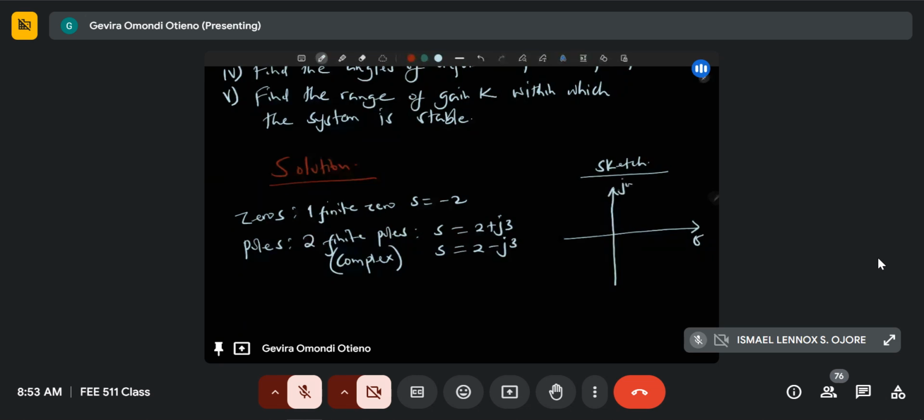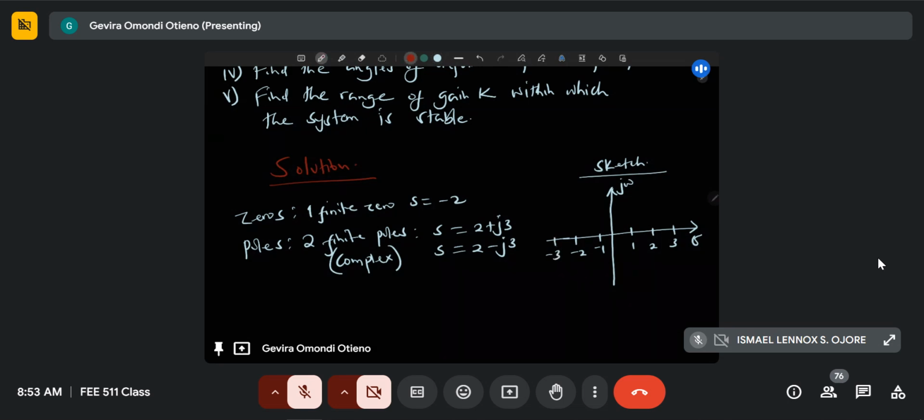Sigma, j omega. We have a zero at -2. So let's say this is -1, -2, 1, 2, 3. Let's say this is -3.